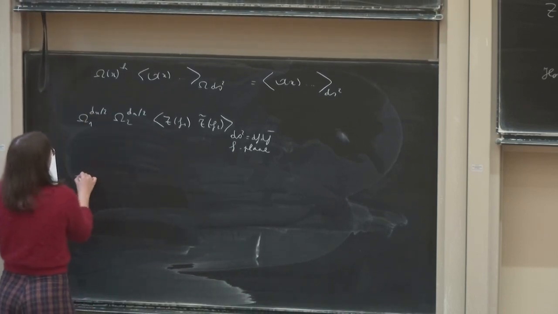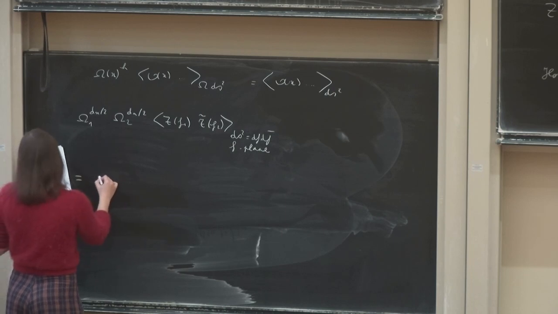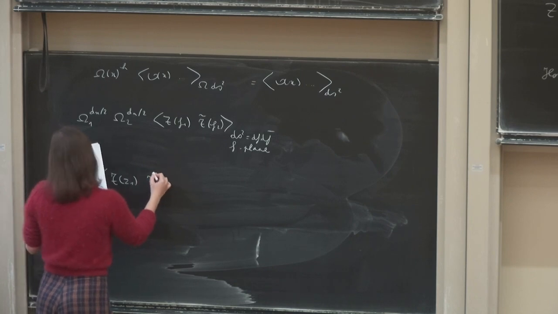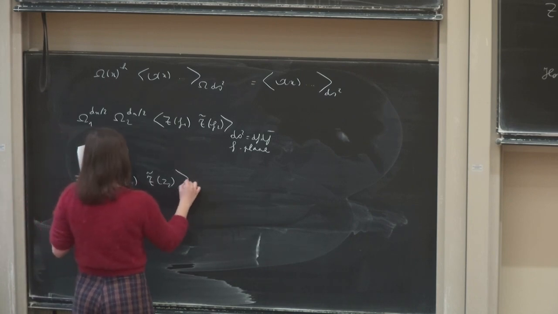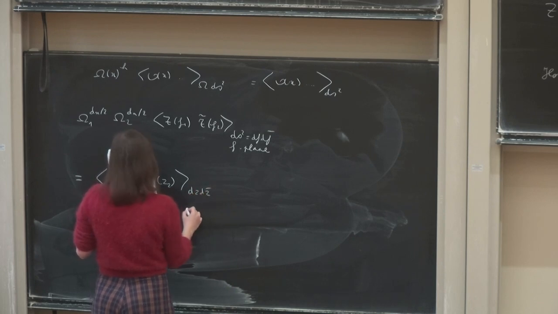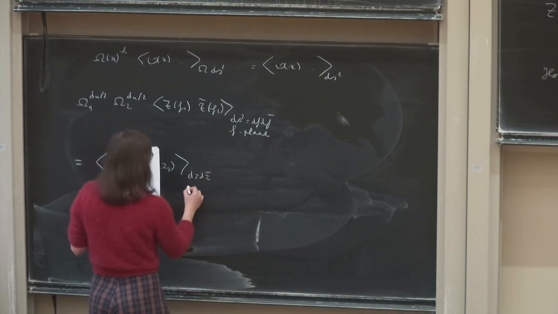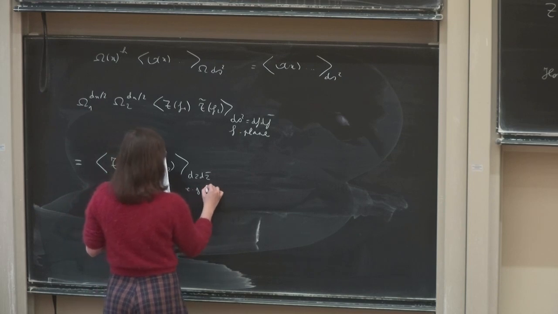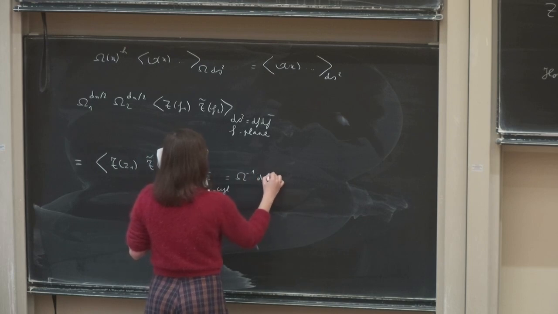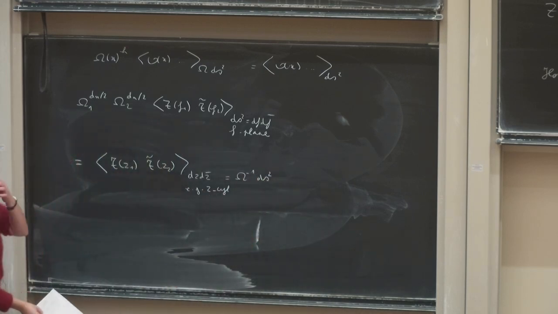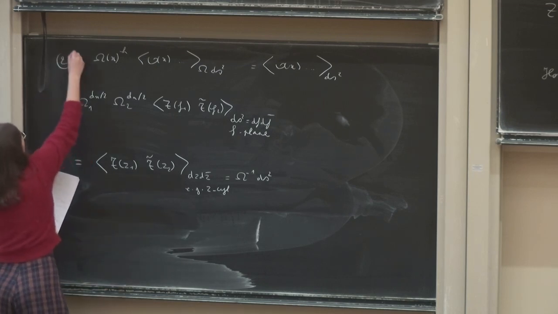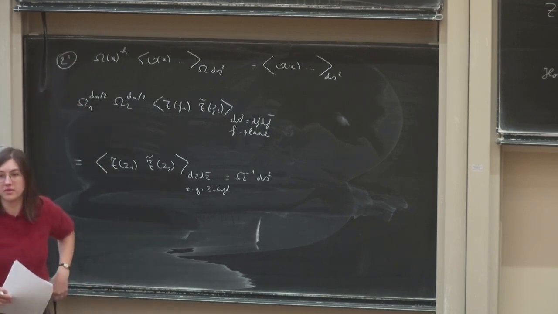So let me write the right-hand side here because I ran out of space. Okay, so just literally applying this, which was called 2 prime, I think, expression of conformal invariance.